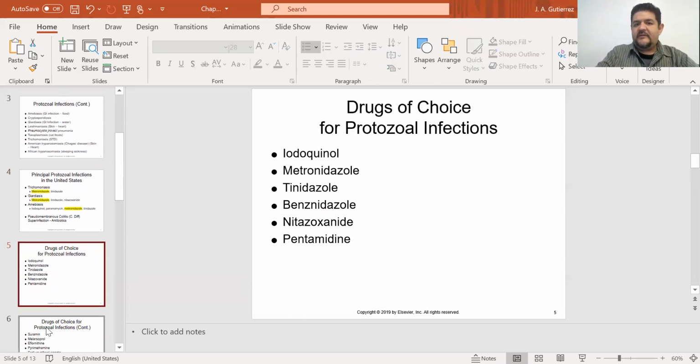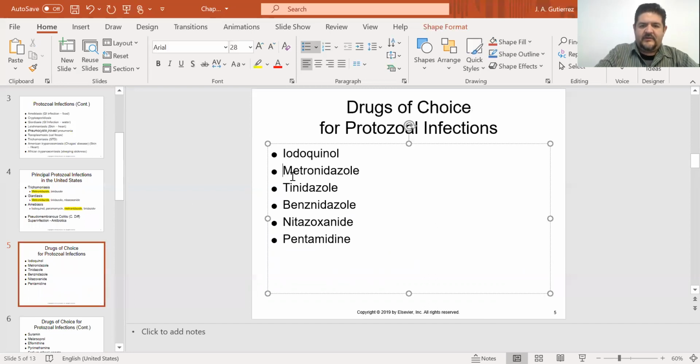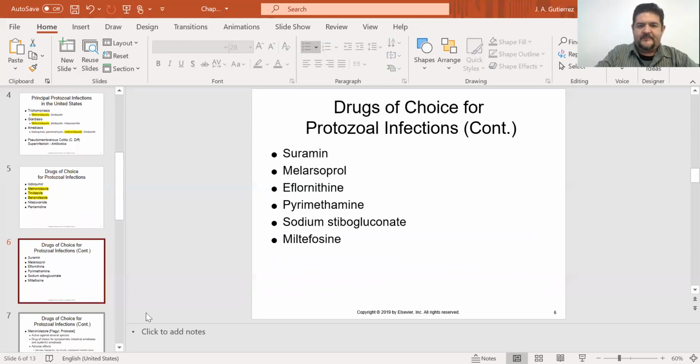We have a bunch of drugs also to treat this type of parasite. We have iodoquinol, metronidazole, tinidazole, benznidazole, nitazoxanide, and pentamidine. As you can see, regarding metronidazole, we have variations of it that have milder adverse effects.